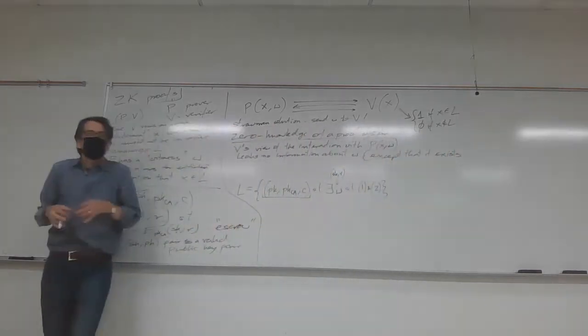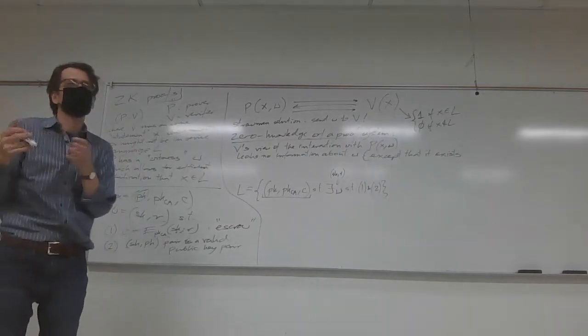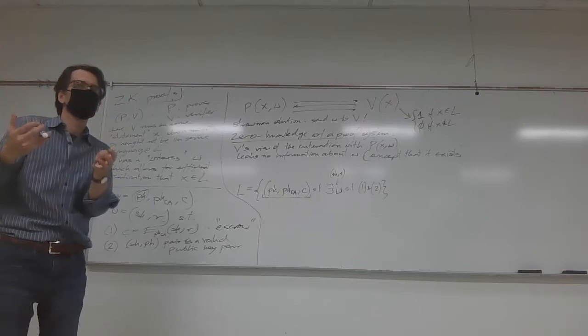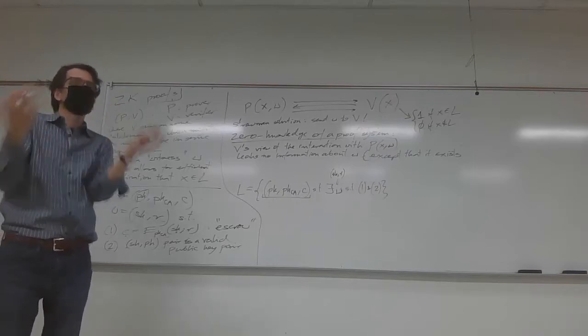So what I want to leak to you is that I do have that witness, that the witness exists, that the statement is true. But that's all. It leaks nothing else.